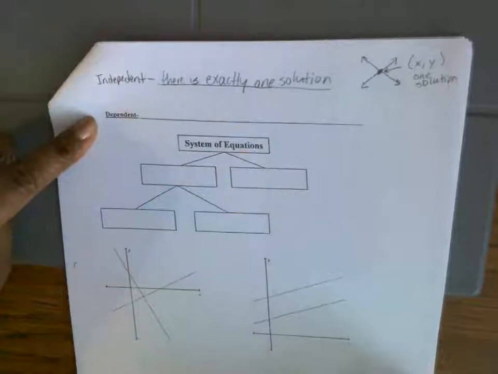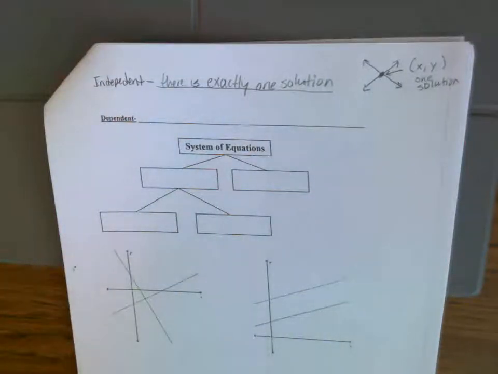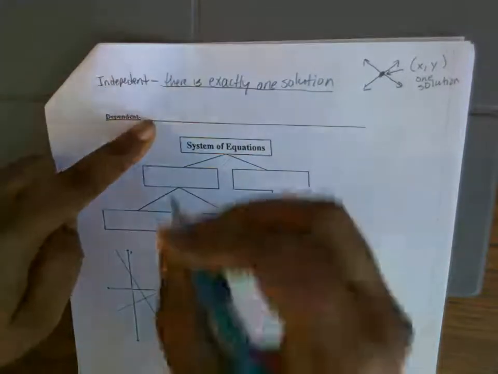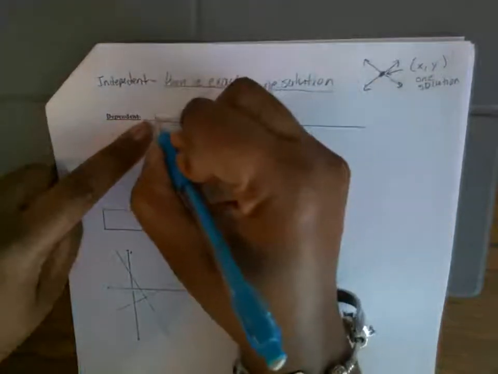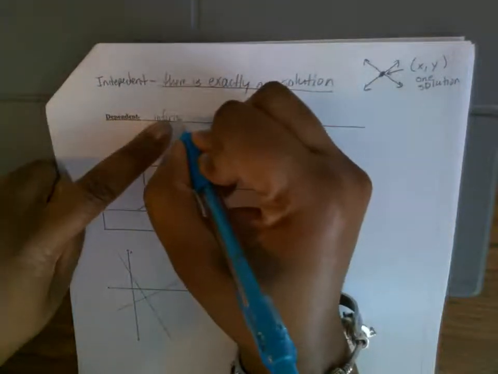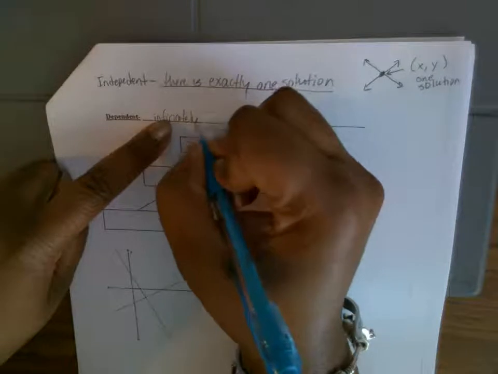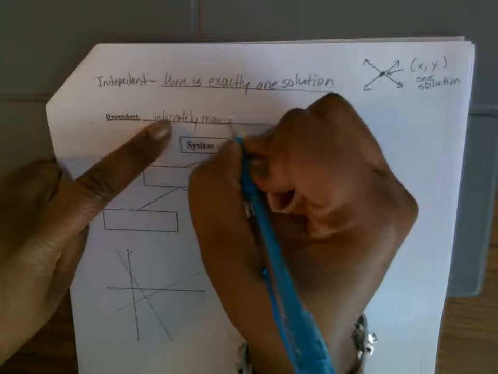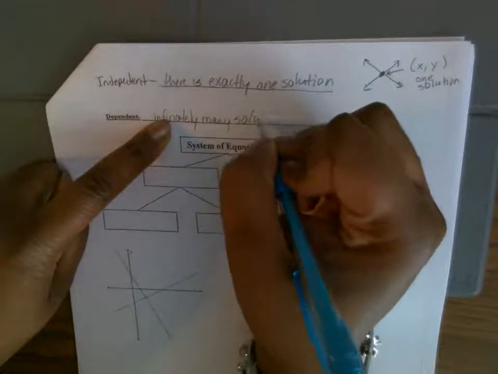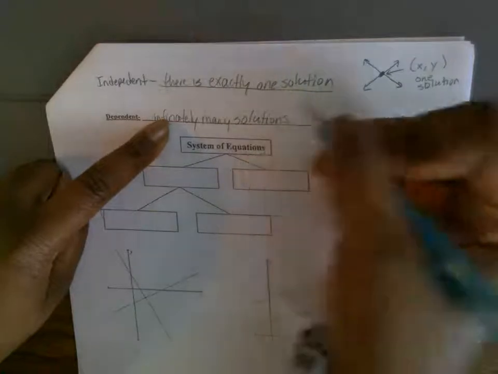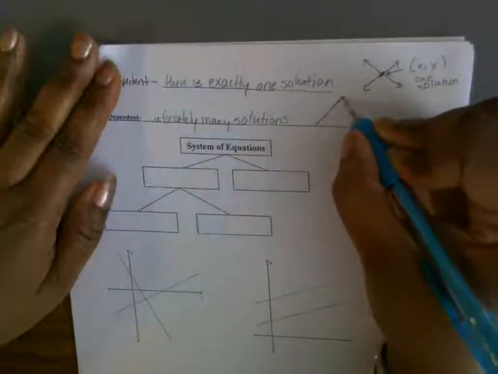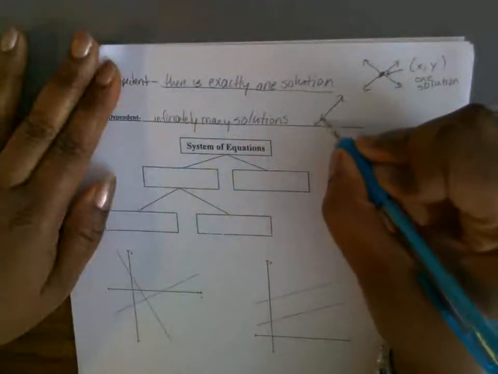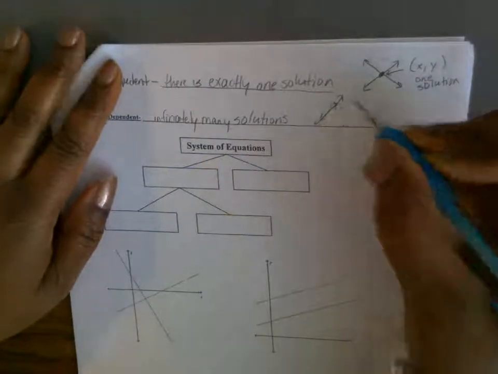Dependent is where they share all the same points. This is infinitely many solutions. And that's where you have two lines that happen to be right on top of each other.